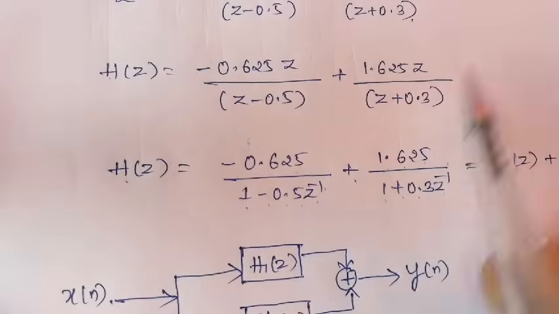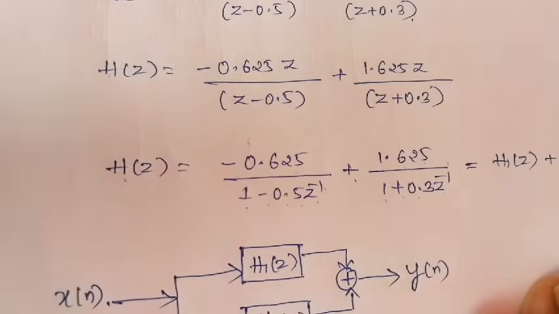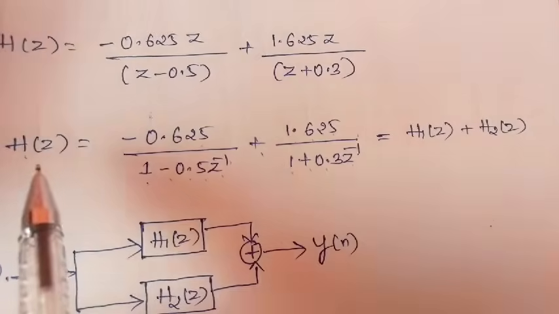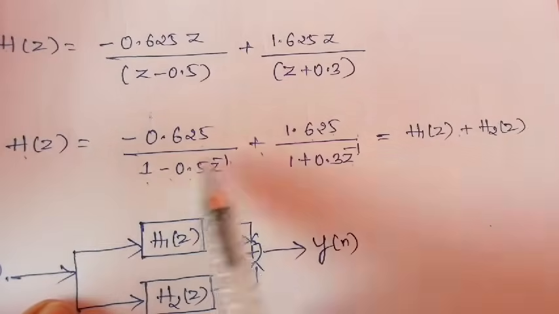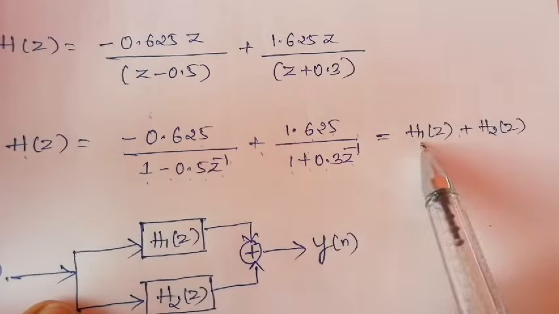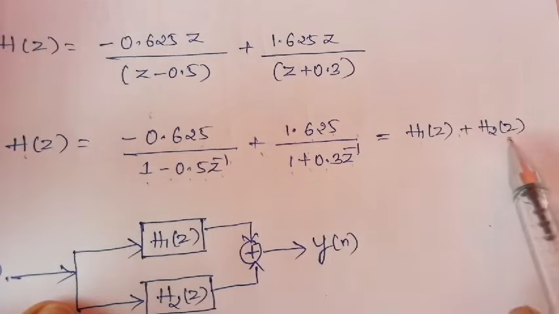This simplification part we already discussed in previous videos many times, so I am not concentrating on it. I am expressing this system function as a sum of two subsystem functions: this one I represent as H1 of z, and this one as H2 of z.